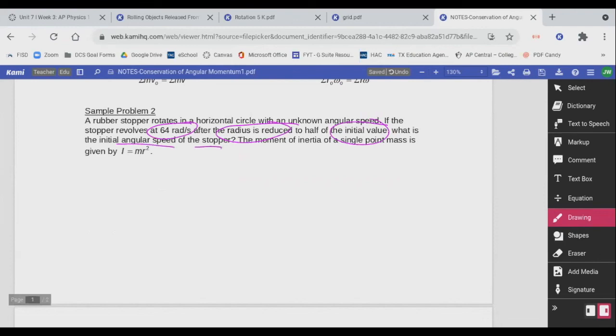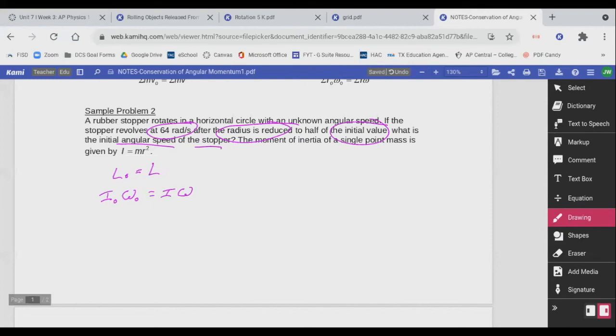Okay, so what we know is that our initial momentum is equal to our final momentum, right? Our initial moment of inertia times our initial angular velocity is equal to our final times our final. I'm not trying to be cryptic with this.